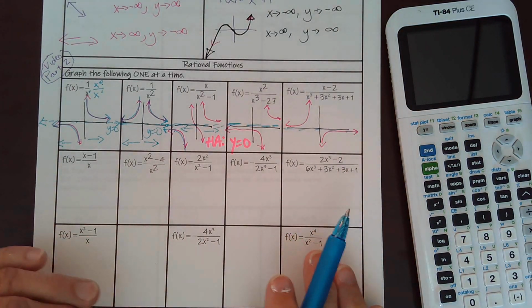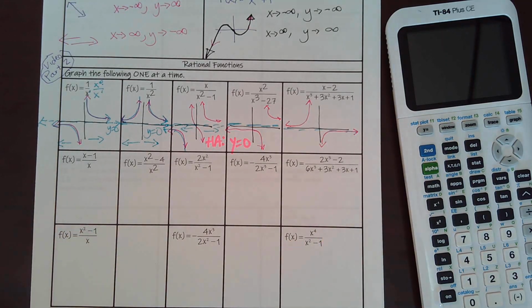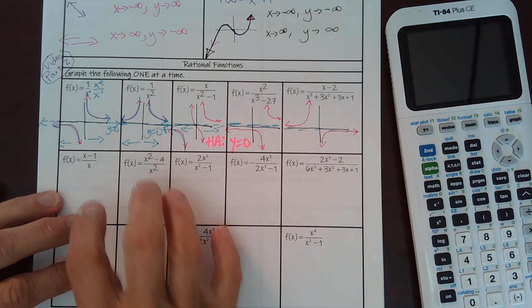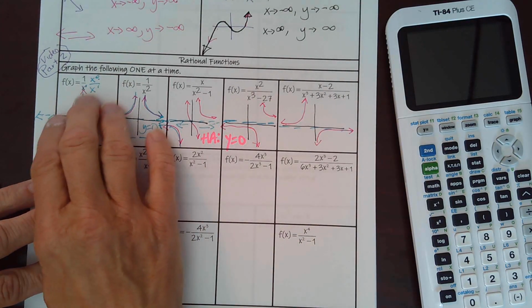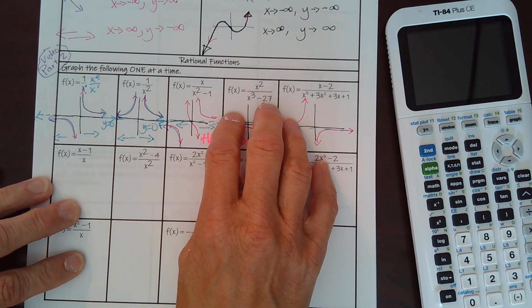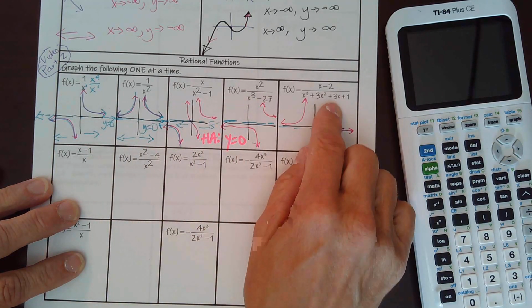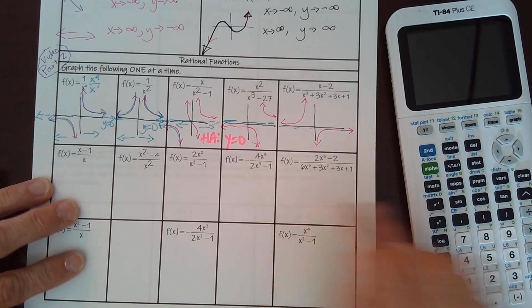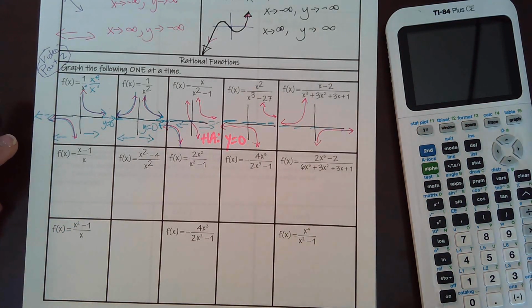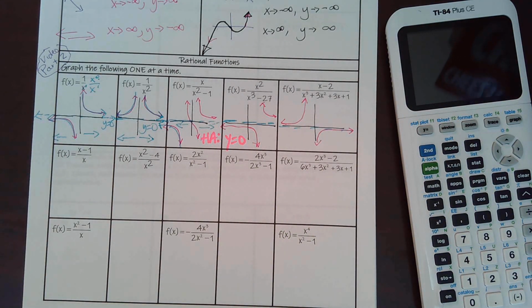So in all of these cases, the degree of the numerator is smaller than the degree of the denominator. Now let's see what these graphs look like. Since we've talked about the degrees of the numerators being smaller than the degrees of the denominators, look at what these next examples have. You'll notice that all of the degrees are the same.